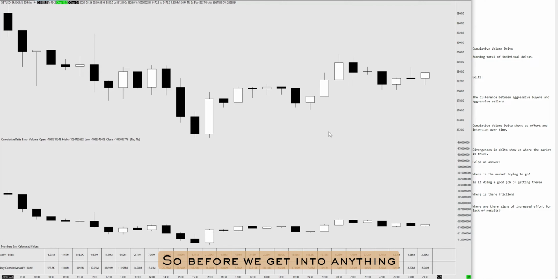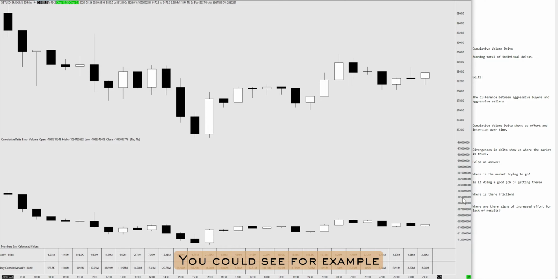So before we get into anything, I'm just going to explain what we're looking at right here. We have our price candlestick chart, and then underneath that we have the running CVD. Each one of these candles corresponds with one of our candles above, and each one represents that candle's daily delta. For these two charts, all you're looking at is the relative size differences.